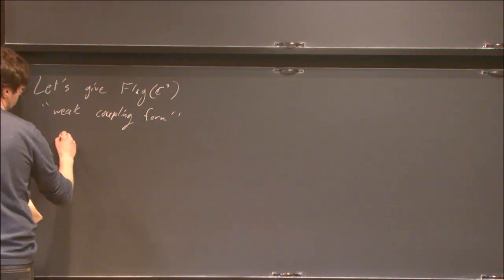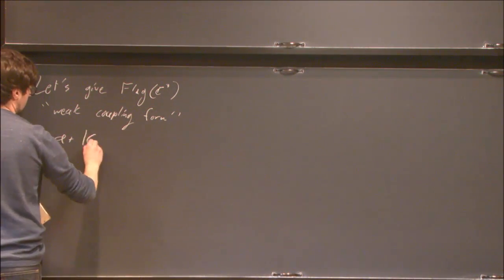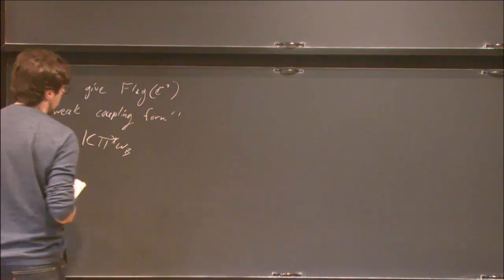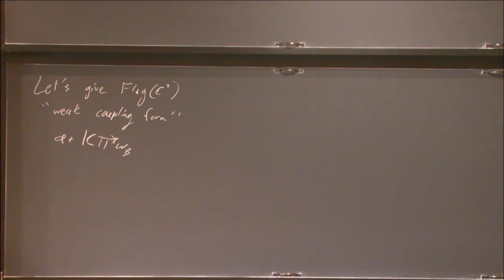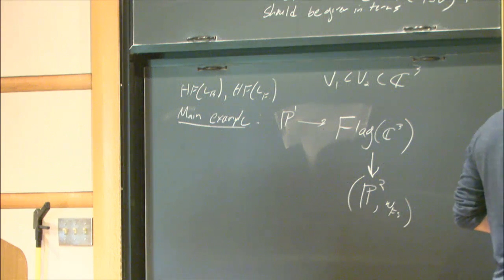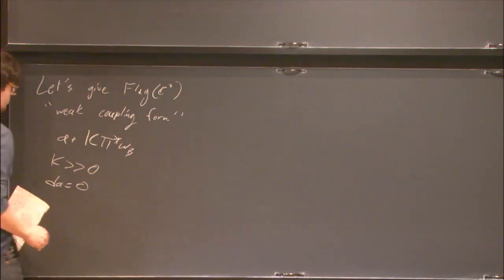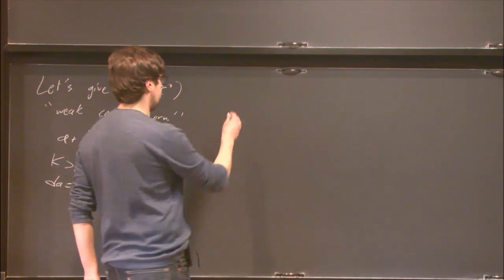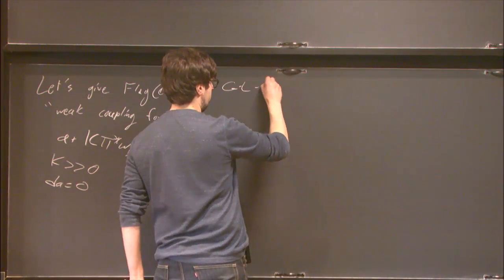This is going to be of the form A plus K π^* ω_B, where ω_B is just the Fubini–Study form. For K large enough, dA is 0. And then there are some results of Guillemin, Lerman, Sternberg.